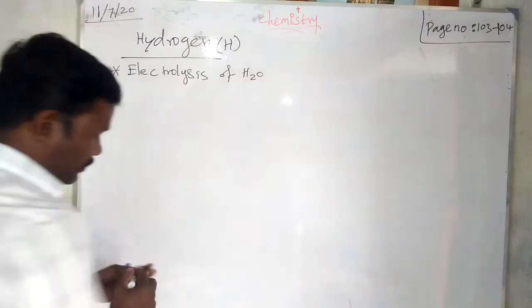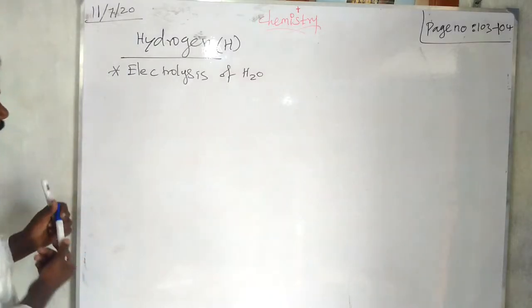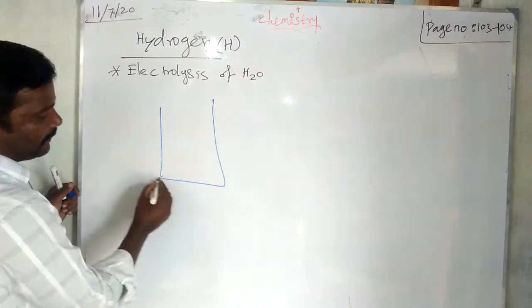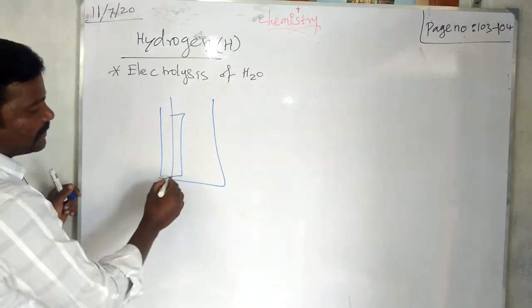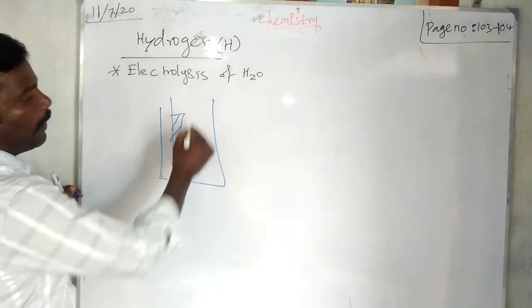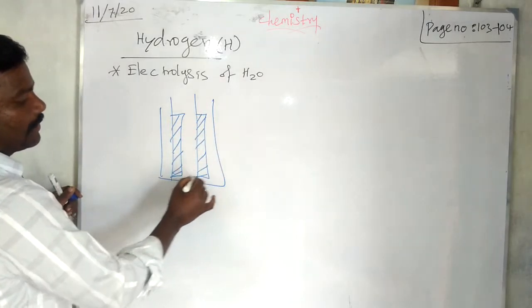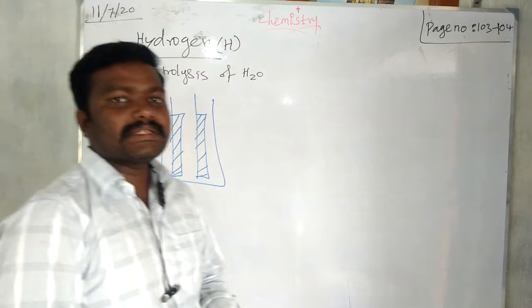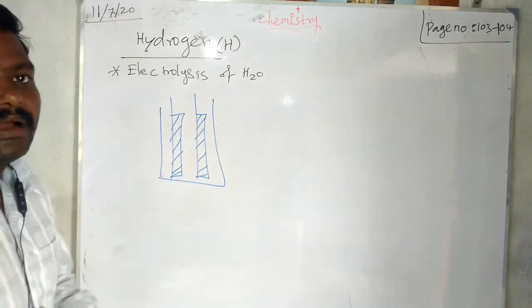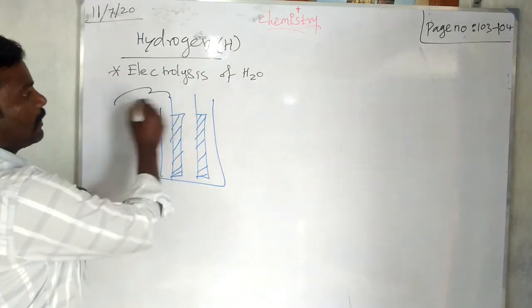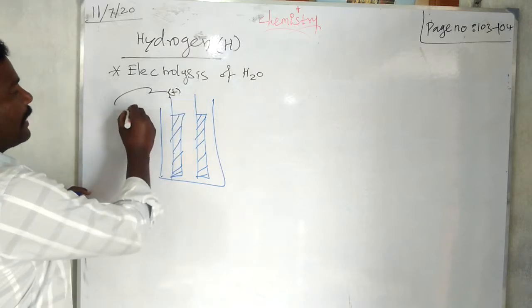For example, we will take a container, and in that we will fix one metal rod. That metal rod has a positive charge, which is called the anode. Positive charge is called anode.